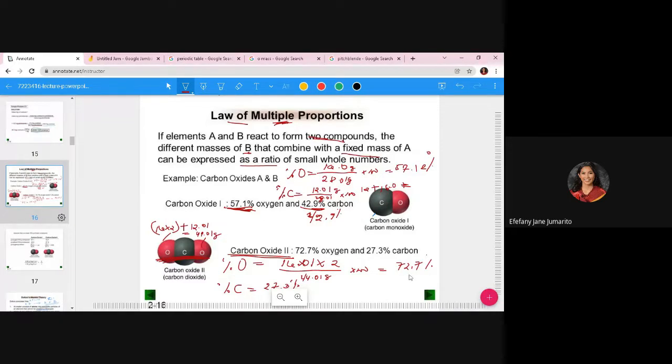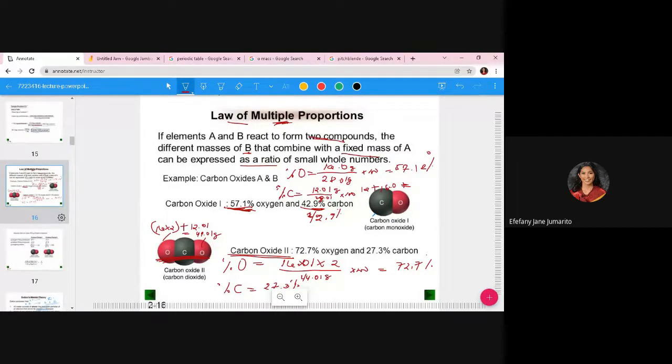So in compound 1, carbon is 42.9, and in the other, carbon is 27.3%. So, multiple proportions. The proportions, percent carbon and percent oxygen, will differ depending on your compound.